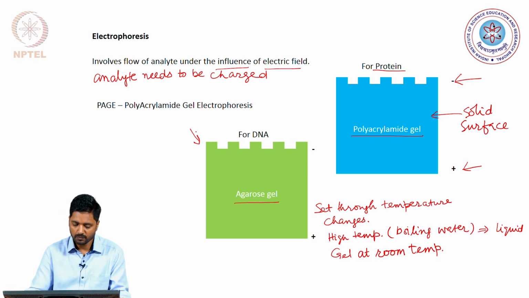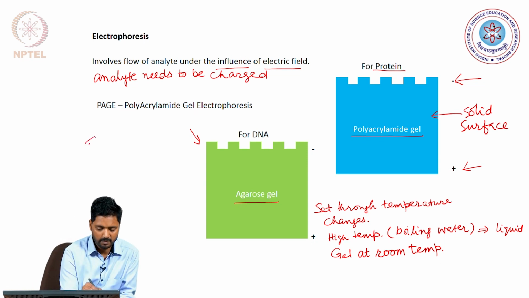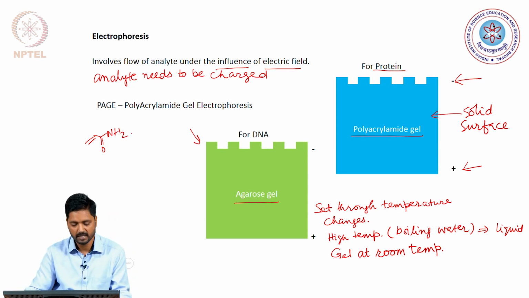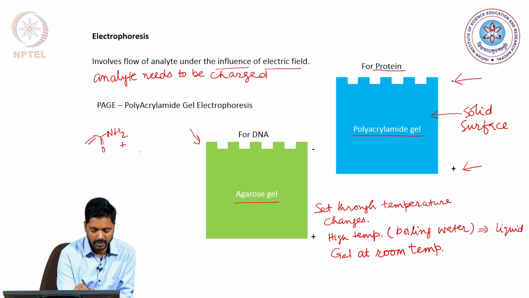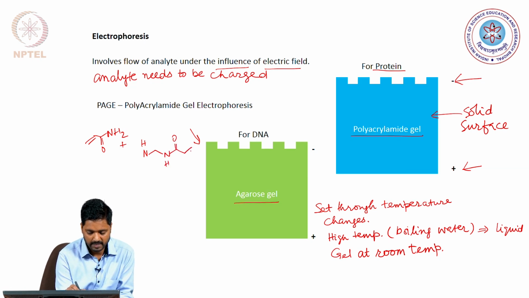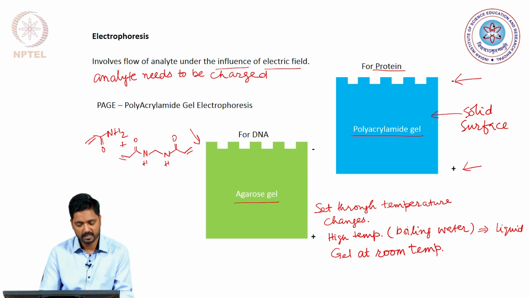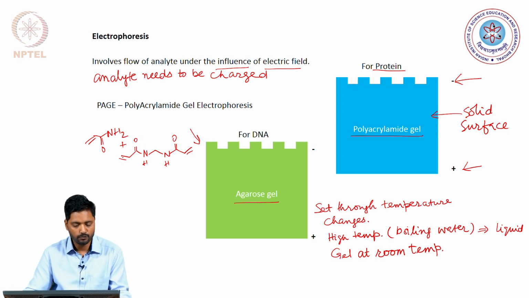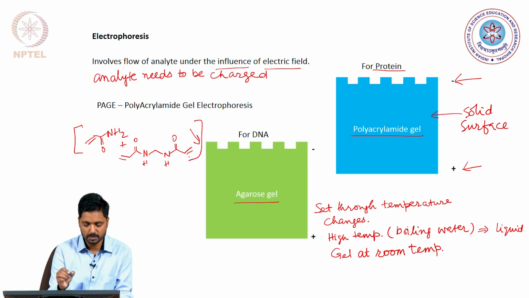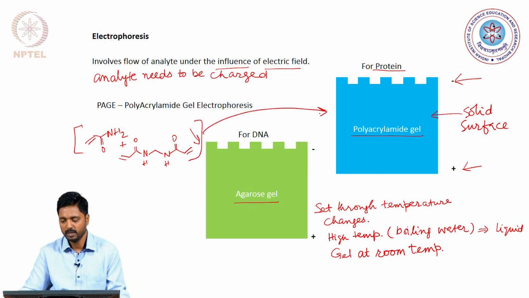So, here what we do is we simply take acrylamide as the polymerizing agent and we also add the bisacrylamide as the cross linker, and we undertake a chemical polymerization of this mixture in appropriate amounts to obtain a polyacrylamide gel of different pore sizes.